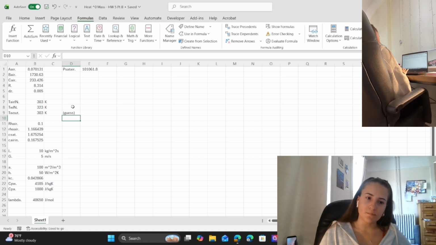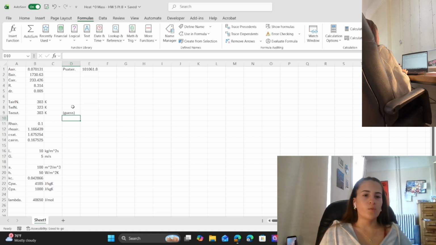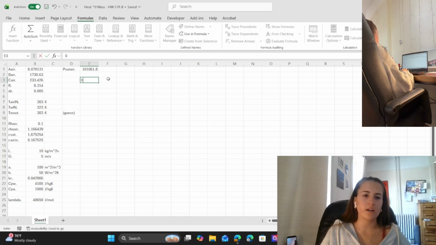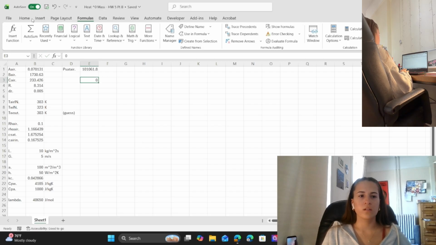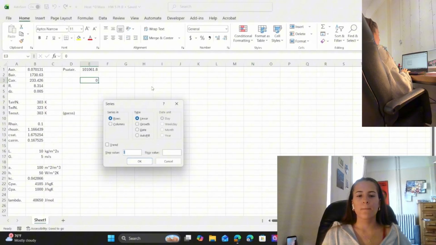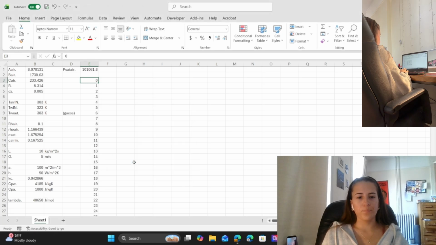So once again, similarly to what we've done in other Excels, we have to do some sort of counter here. So we're going to have this fill down to 1,000. So the stop value is going to be 1,000 here.